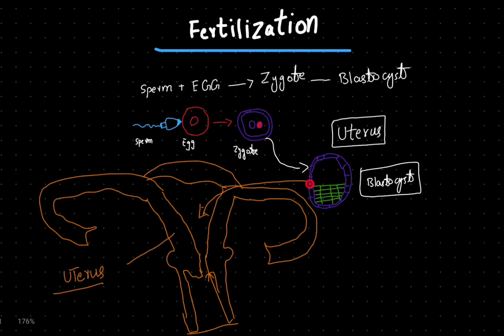When the blastocyst is formed in the fallopian tube, it comes from the fallopian tube into the uterus, and connects on the uterine wall.